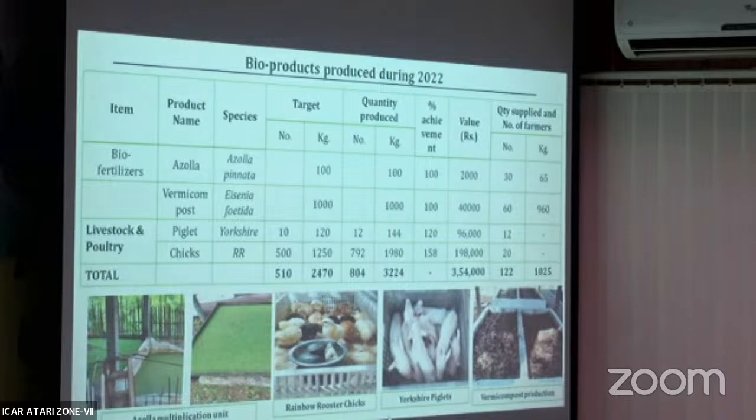Regarding some of our products, we could give out Yorkshire and Rainbow Rooster also, and even Azolla also. And at present, Azolla is in really high demand by our farmers, not only in the rice growing area, but also for our chicken growers as well as our piggery farmers. They are really demanding this.